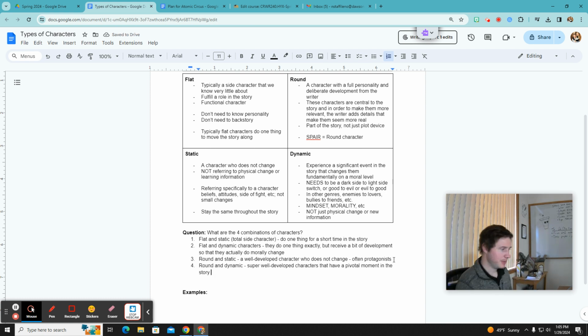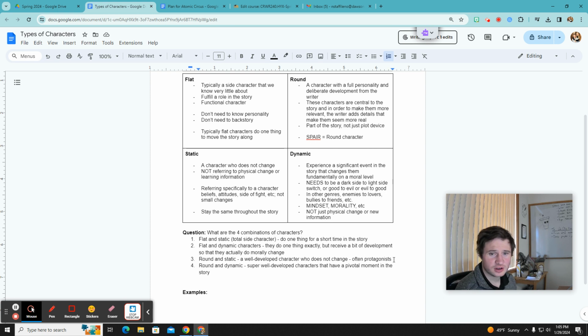These are often the characters that we love the most. They're bad guys that became good guys. They can be good guys that become bad guys, but they're characters that make a shift because of the events of the story at the perfect time and become the heroes that we always knew they could be.